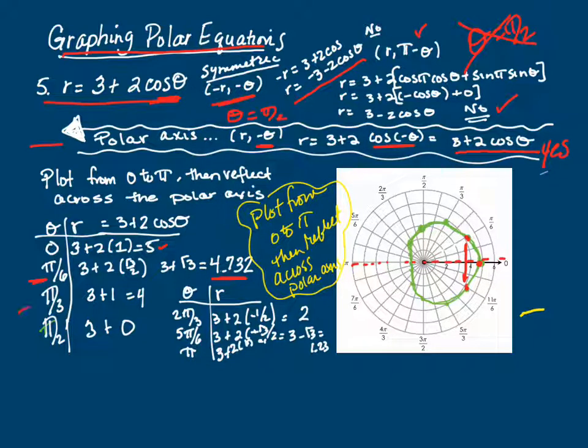Going on to pi over 3, I have 4. That's nice, it happened right at 4. So pi over 3 is 4, and going straight across to 5 pi over 3, I get a 4 there too. All right? And then pi over 2, I have 3. So there is 3 right here and 3 right here.